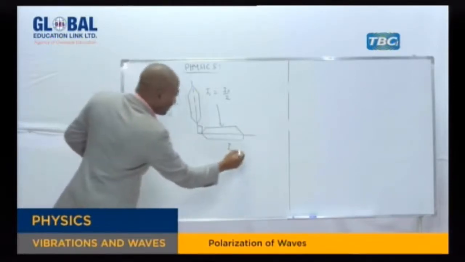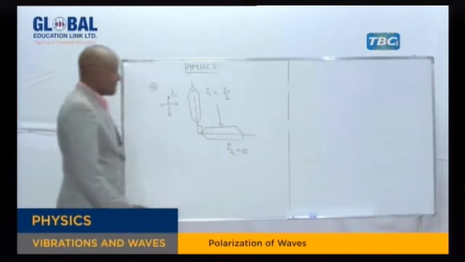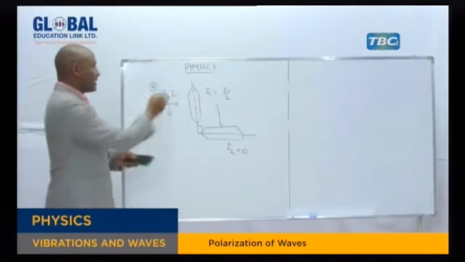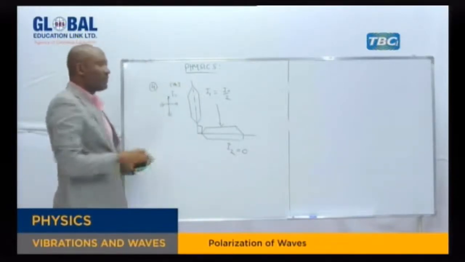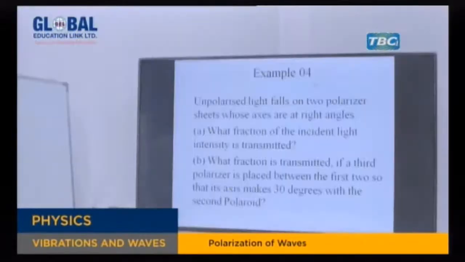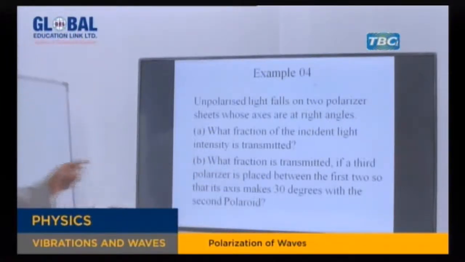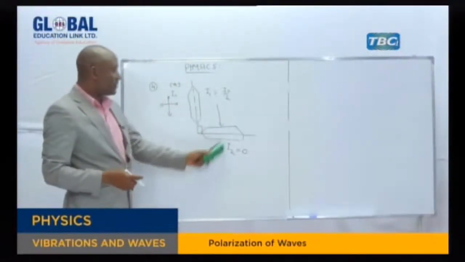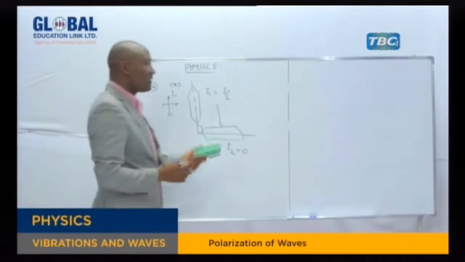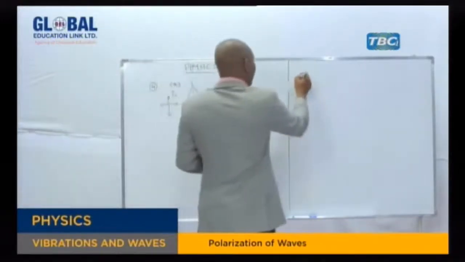Again, we saw that this will be 0. This is part A. Part B asks what fraction is transmitted if a third polarizer is placed between the two. The intensity here is 0 because the angle between them is 90. So you are now giving another condition for the same arrangement.